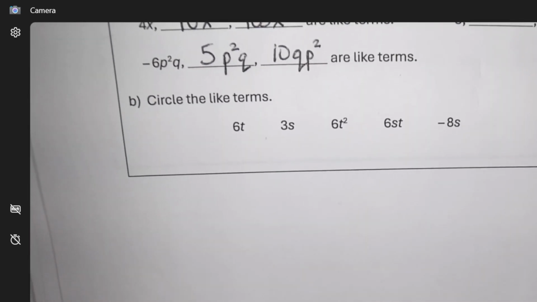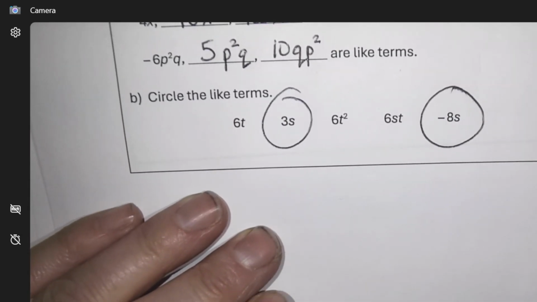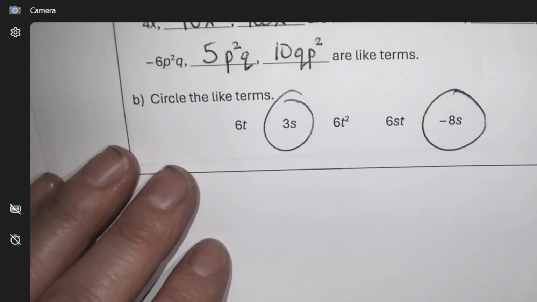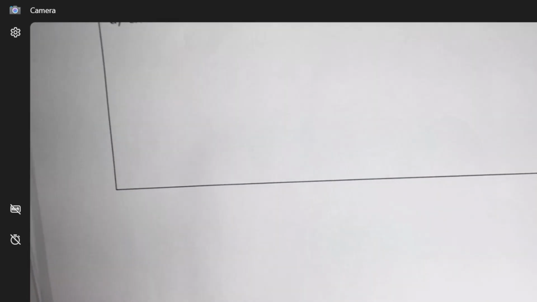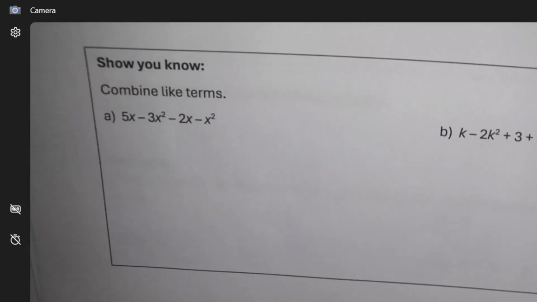Okay, and can you find on your own any terms that are like each other in this set? Did you pick those ones? Okay, these are not like anything else.